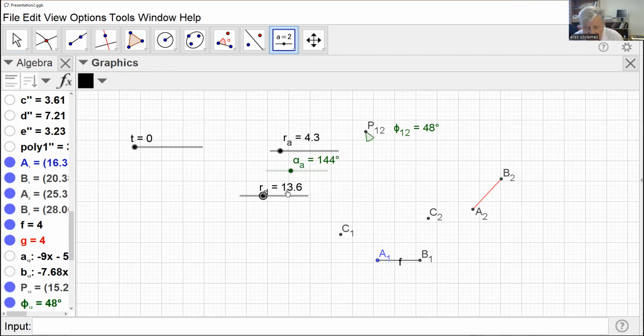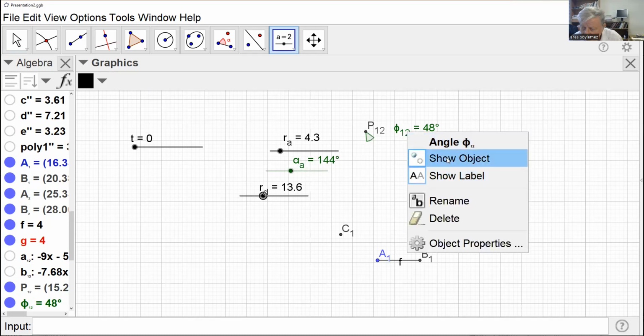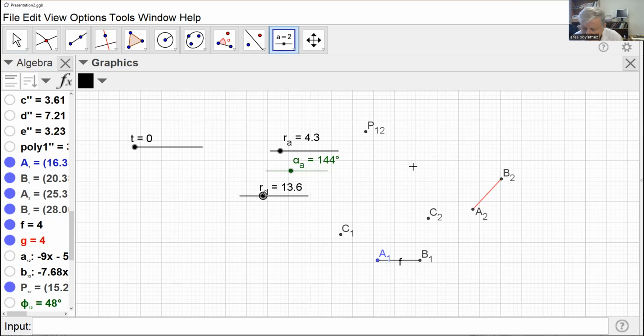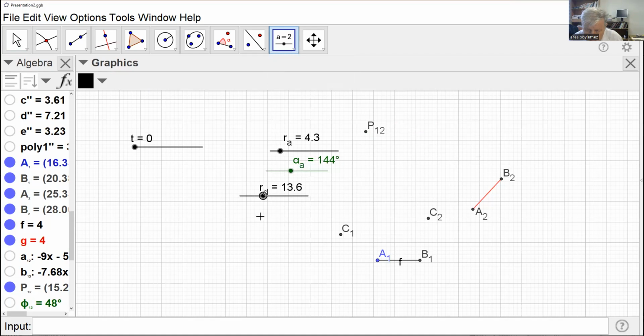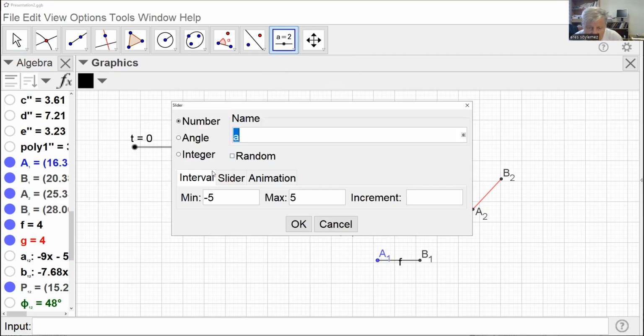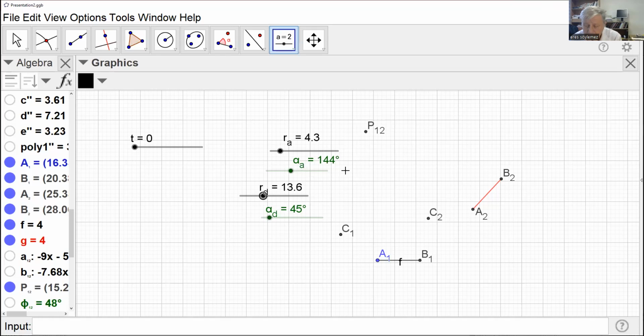Later, you may have to change it like that. And then I will have another slider, the angle alpha dash D.